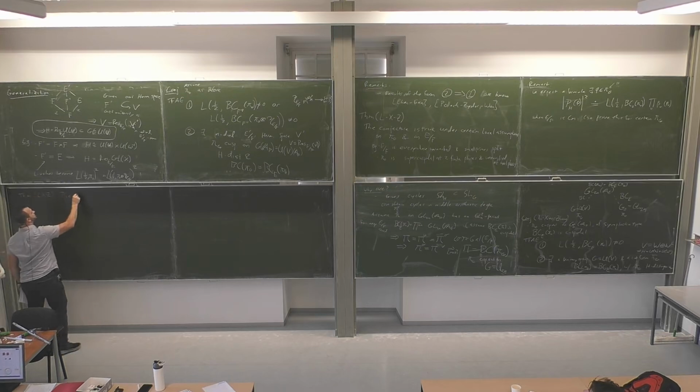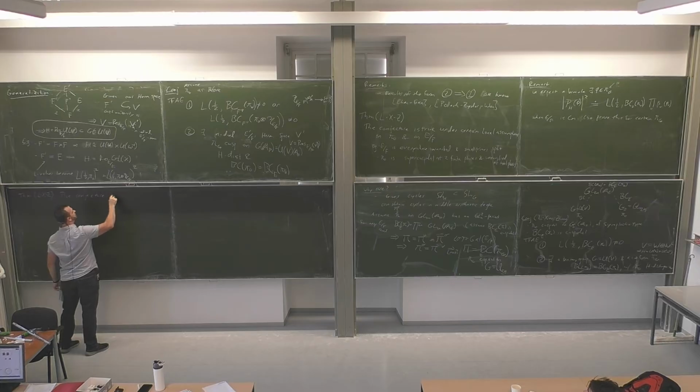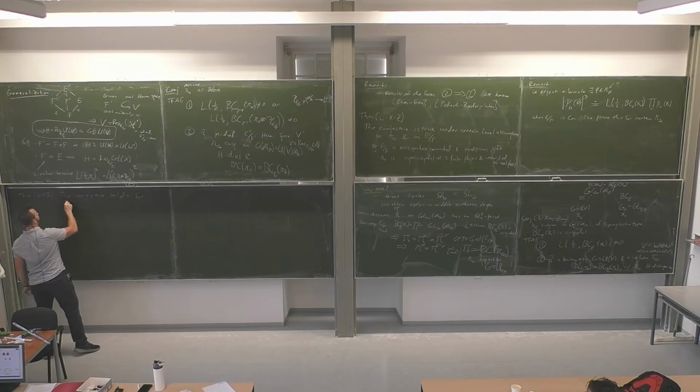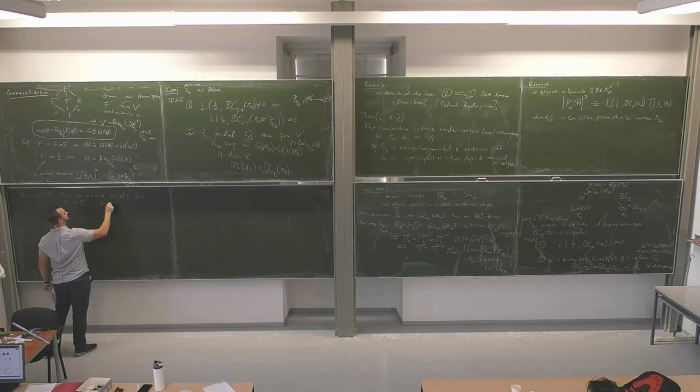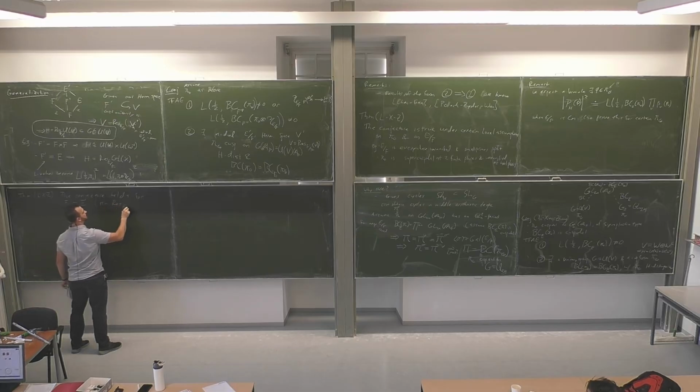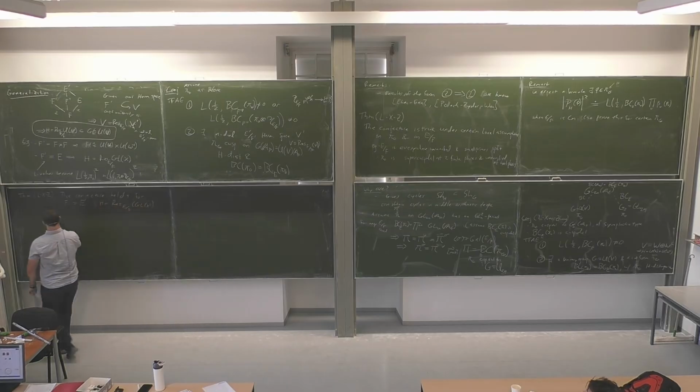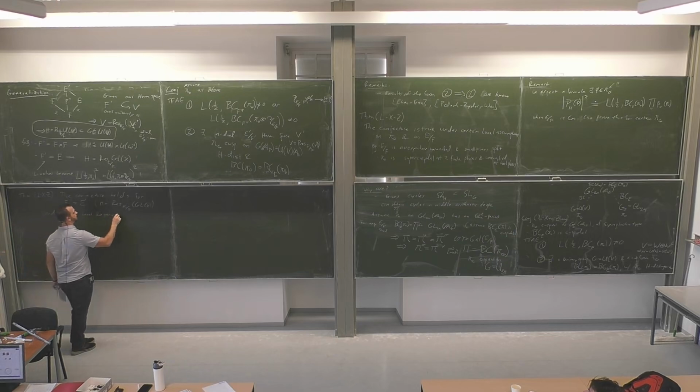The conjecture holds for F prime equal to E, so this case here, under the same local restrictions as in the previous theorem.